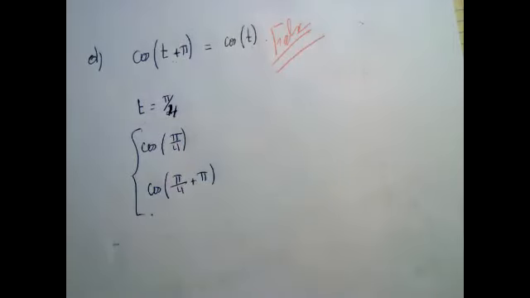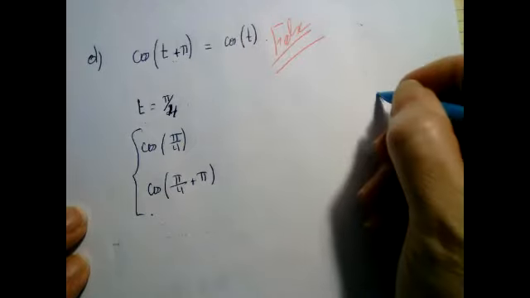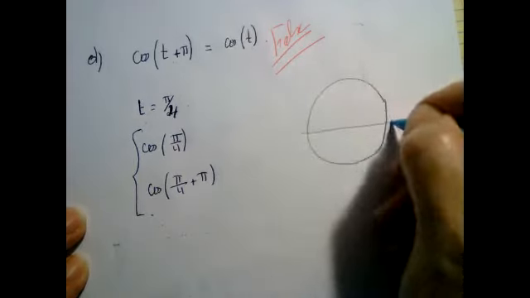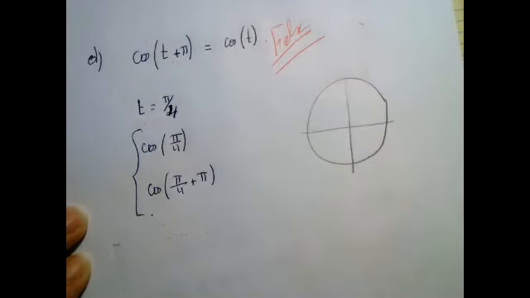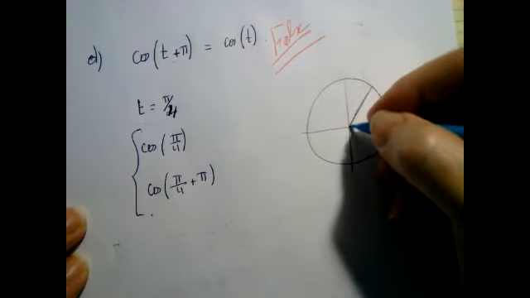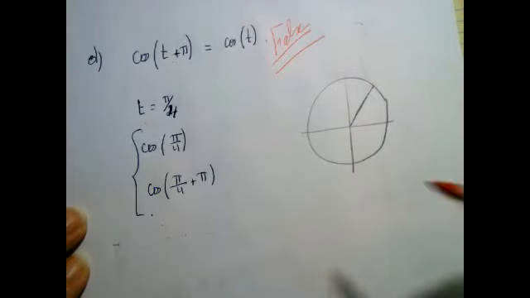Are those equal? First, let me watch the unit circle, and the unit circle will tell me the whole story and tell me immediately whether they are equal or not. Pi over 4 is right there, right in the middle. This is pi over 4.